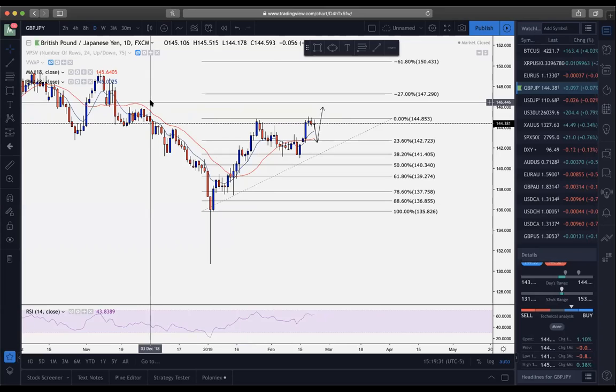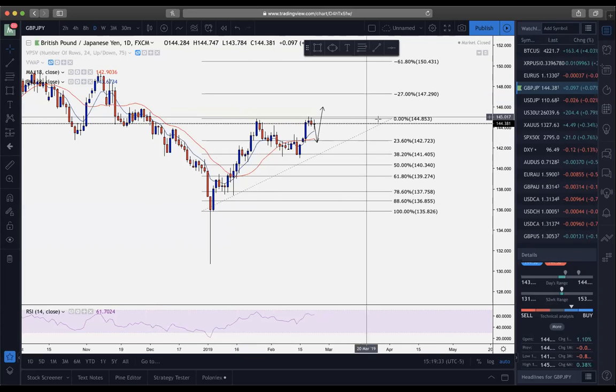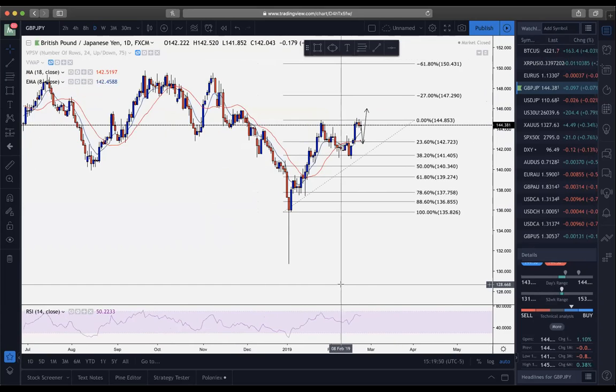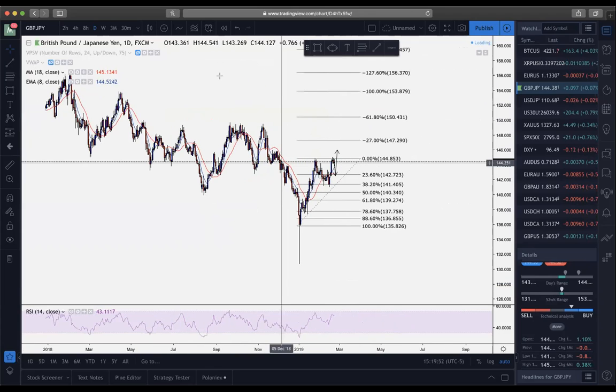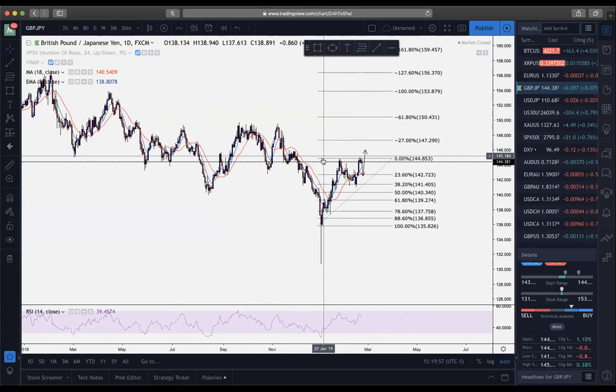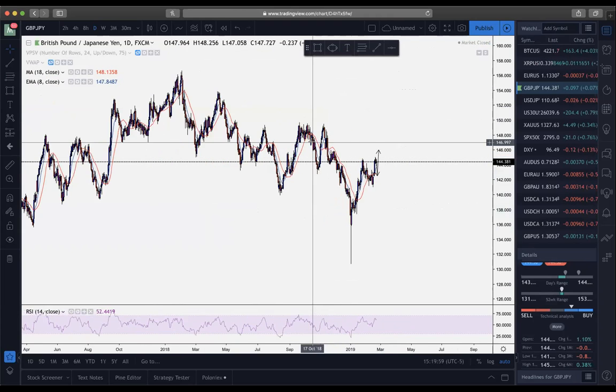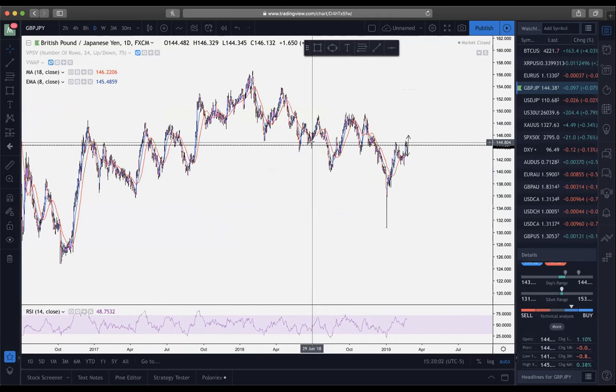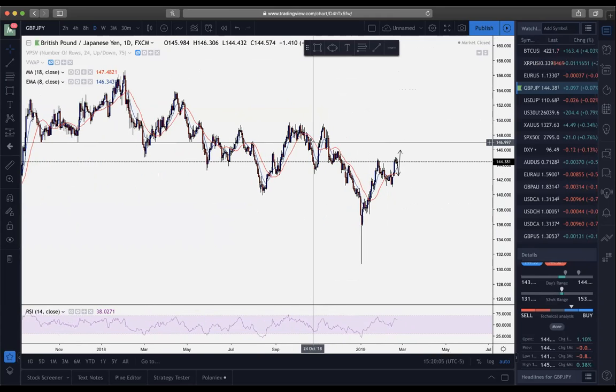On the breakdown is less than 1.7. I could see it. I could also see this downtrend on the daily playing more of a key. We really haven't had any true break.